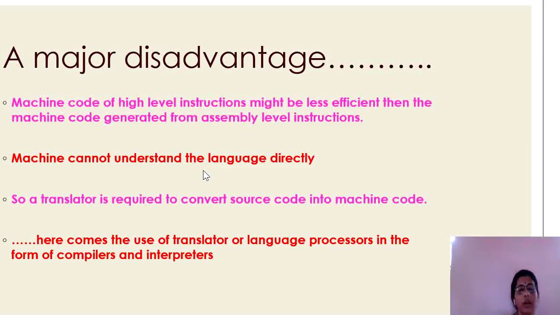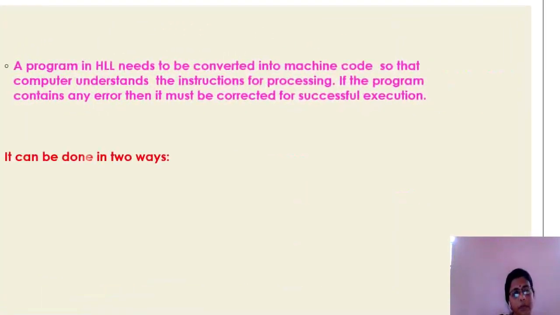I hope it is clear, right? Now we are going into detail about the compiler and interpreter. Here is the definition. A program in HLL needs to be converted into machine code so that the computer understands the instructions for processing.